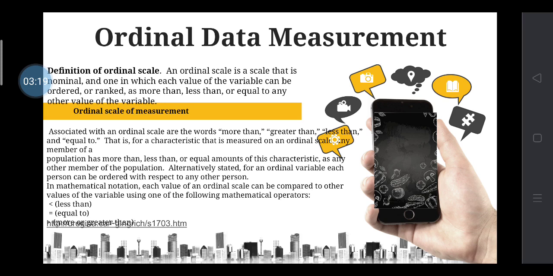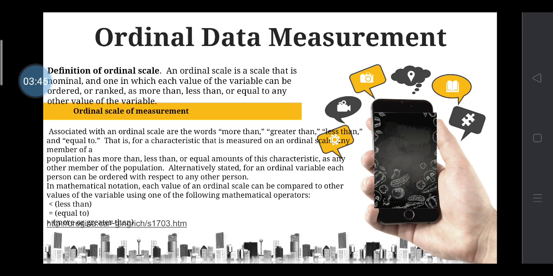Ordinal scale of measurement associated with an ordinal scale are words more than, greater than, less than, and equal to. That is for characteristic that is measured on an ordinal scale, any member of a population has a level more than, less than, or equal amounts of this characteristic as any other member of the population.